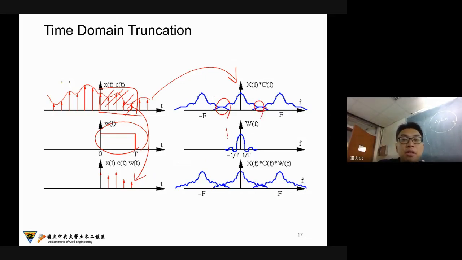And combined with the effect of the truncation. So maybe this is just a very simple calculation of the multiple. Also, actually, you can get the result of the response in the frequency. But I would like to say the resolution will be decreased in the frequency domain.